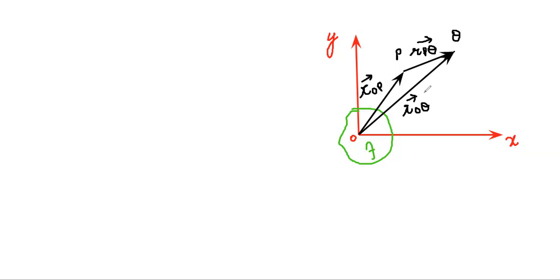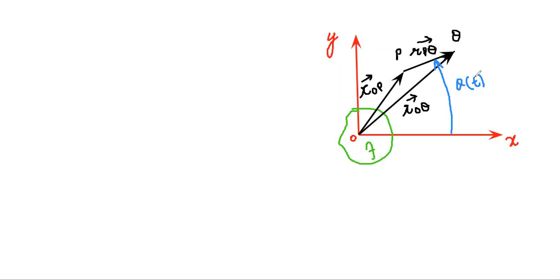Now, as far as the angle is concerned, at this instant, let's suppose the angle subtended by the radius vector RPQ with the x-axis is theta, and this theta is a function of time, because as this body describes some planar motion, the value of theta will change for different instants of time.